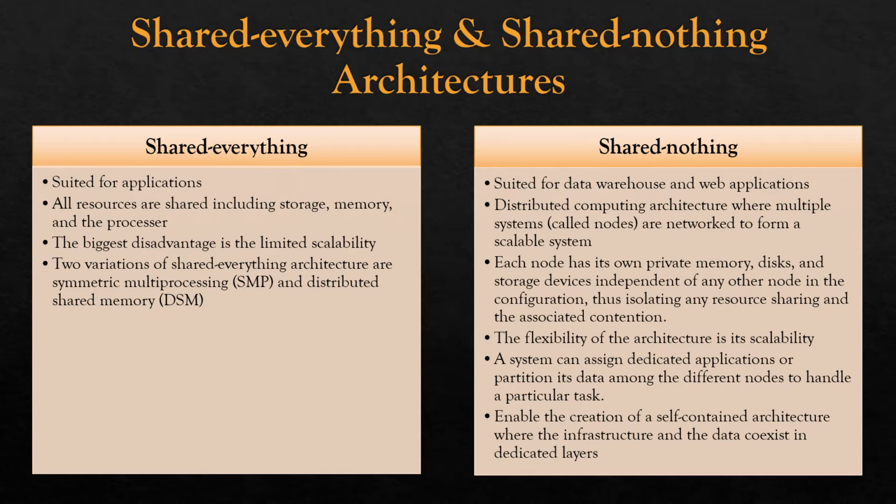There are two variations of the shared everything architecture, which I'm going to explain later: symmetric multiprocessing, short for SMP, and distributed shared memory, or DSM. The explanation is on the next slide.